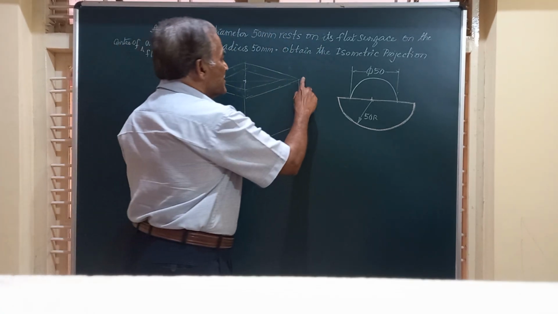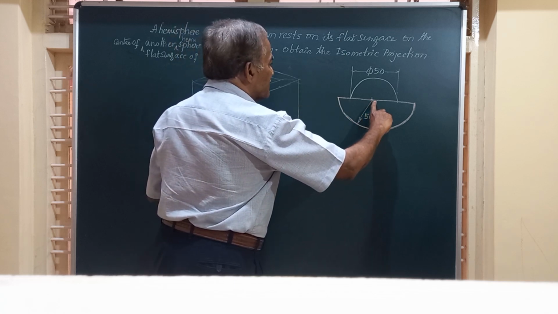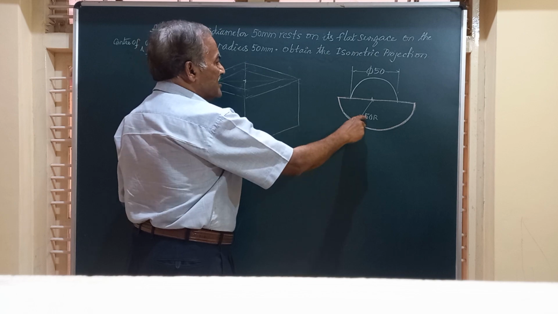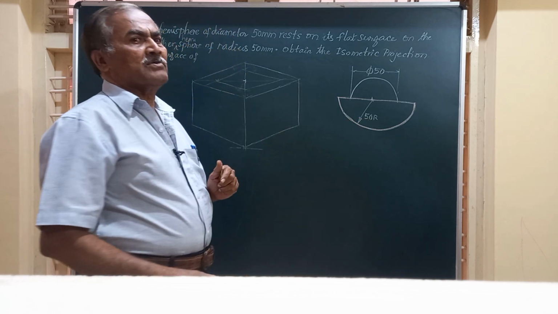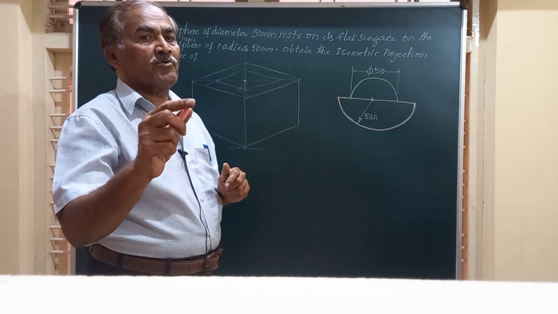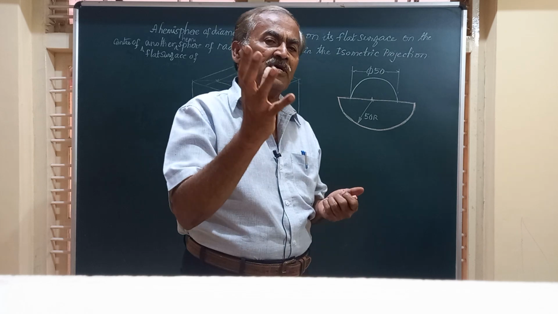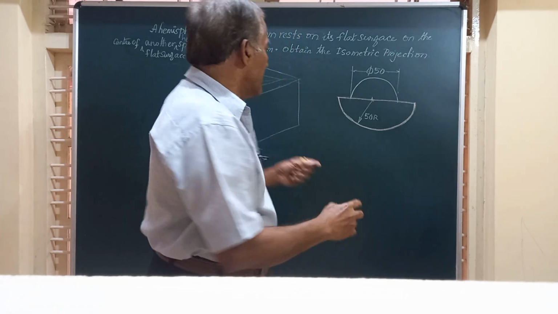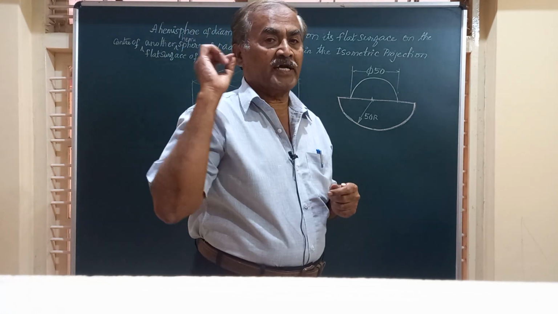And this height is the radius, R equal to 50. So this height is going to be 50, but in iso, because you know very well, for all isometric projections of sphere or hemisphere, the height you take should be the iso height.